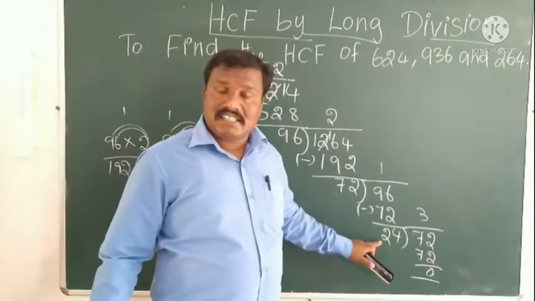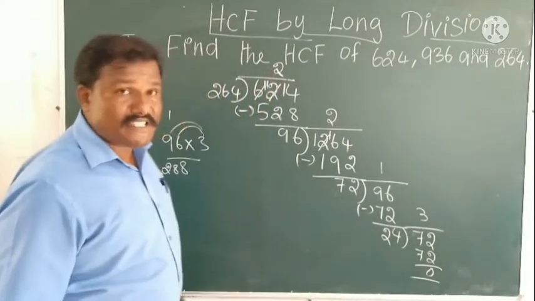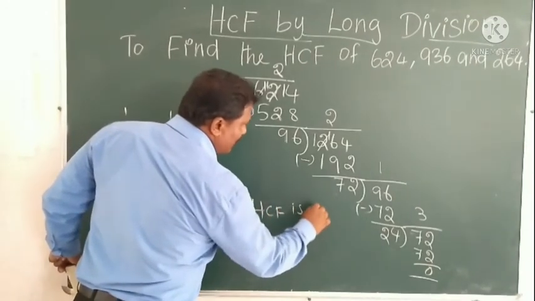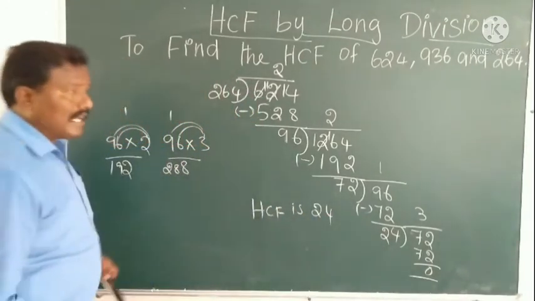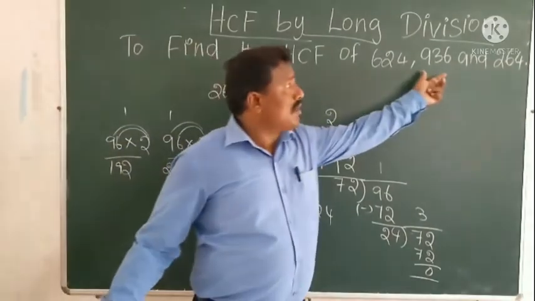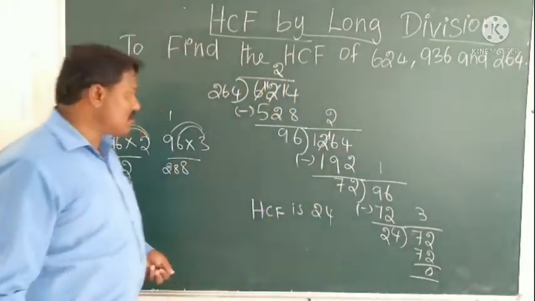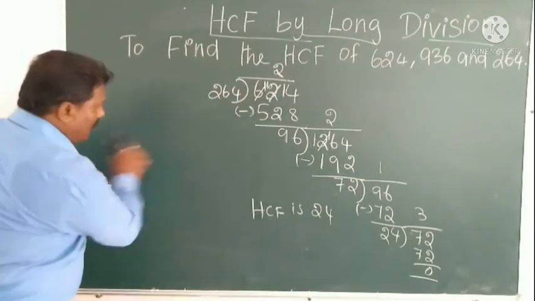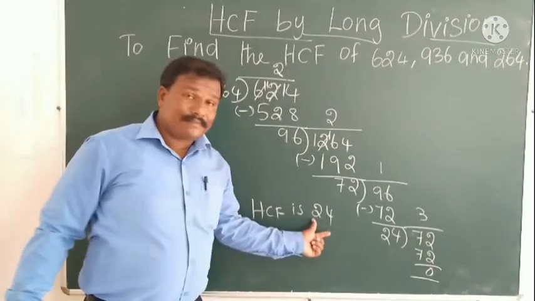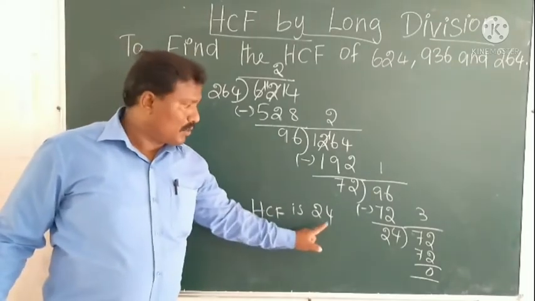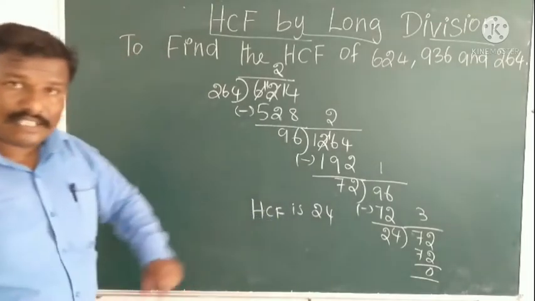The last divisor becomes the highest common factor. So HCF is 24. But as per the sum, we have one more number, 936. We want to divide that also. So our HCF is 24, the last divisor.